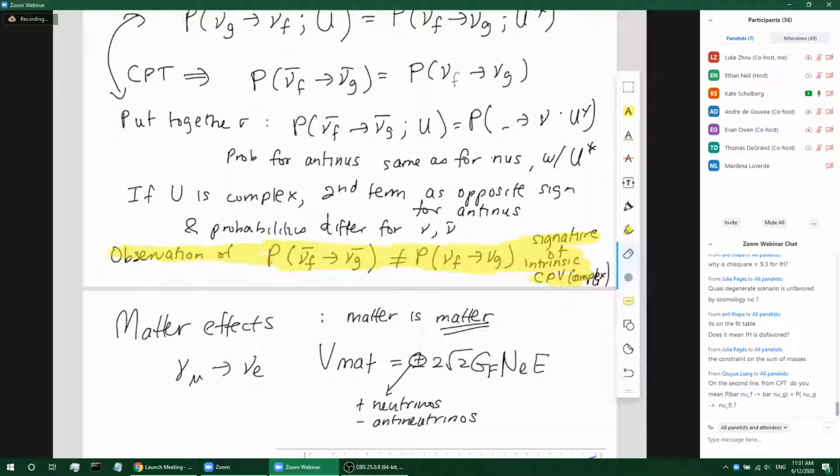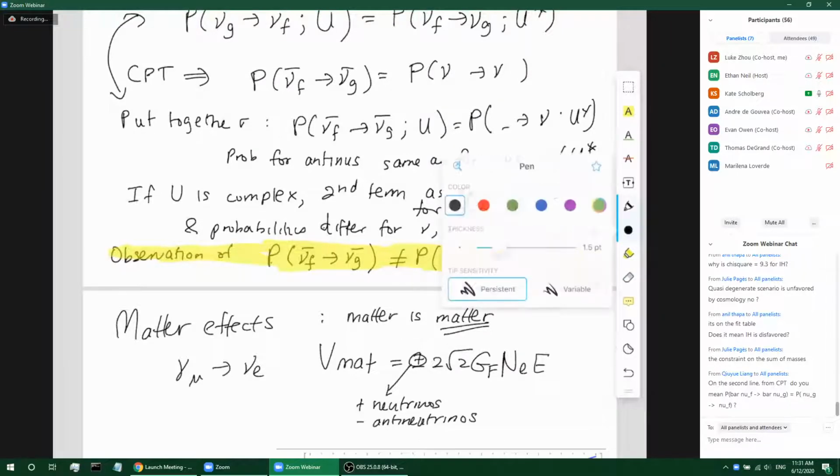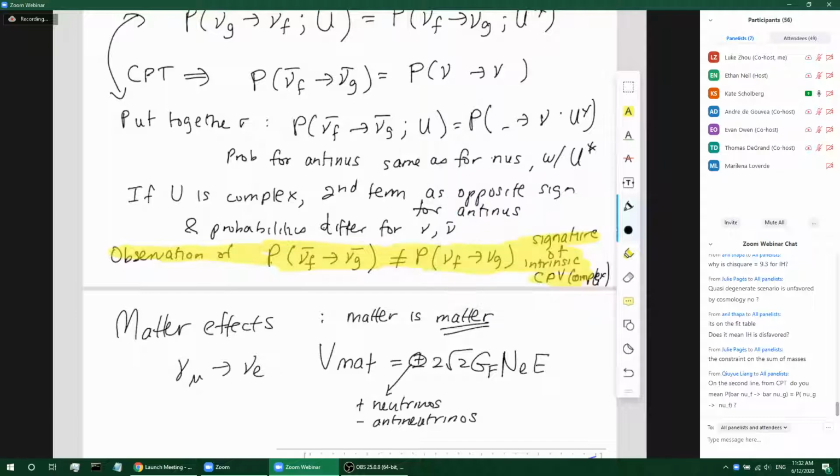Oops, I erased the wrong thing here. Okay, so this is G to F. And the thing that I erased here was F to G. Yep, okay, thank you.